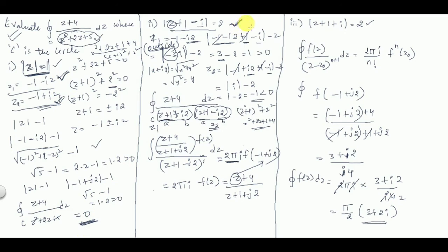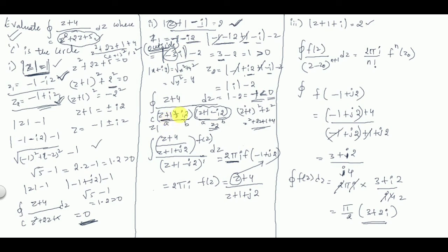In the second contour, you have one pole lying outside because we have got the value greater than 0, and one pole is lying inside because we have got the value minus 1, which is less than 0. So the pole lying outside is minus 1 minus j2.